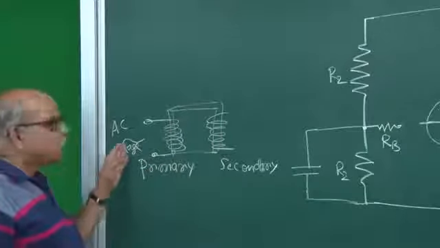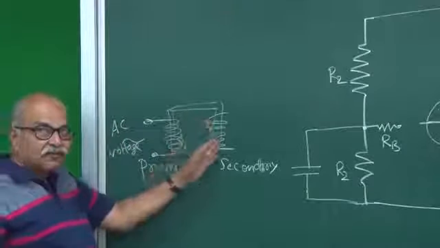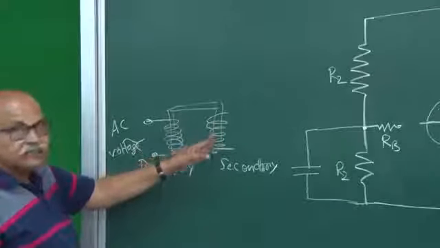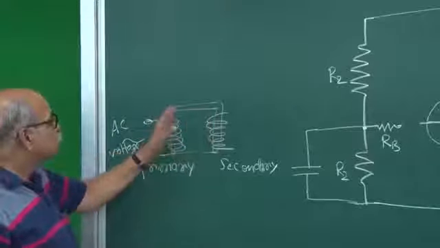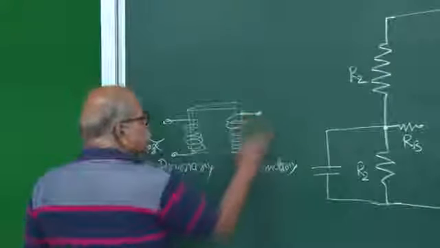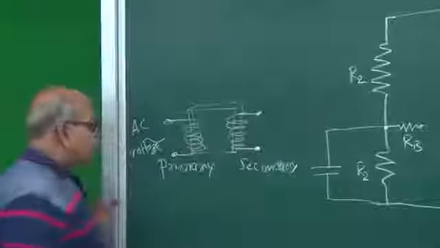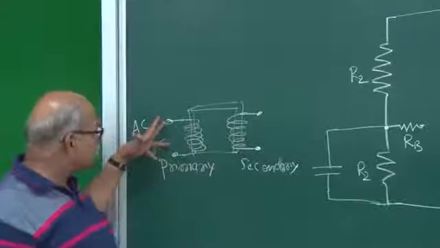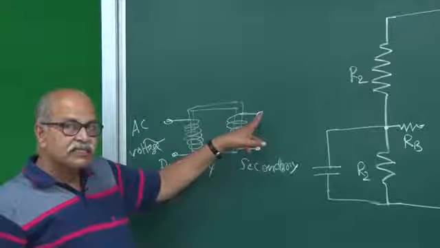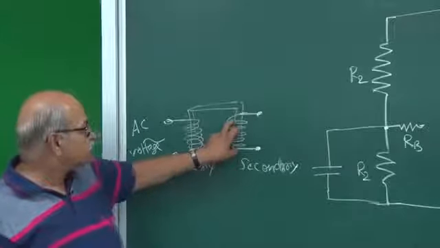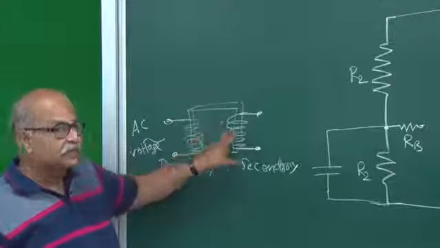Since it is varying with time, this flux also changes with time, and then you have a voltage induced here. Then you have all that mutual inductance, all those mathematics can be done. So you produce a voltage here, and the ratio can be determined. How much voltage is here and how much voltage is here is determined by the number of turns here and the number of turns here.